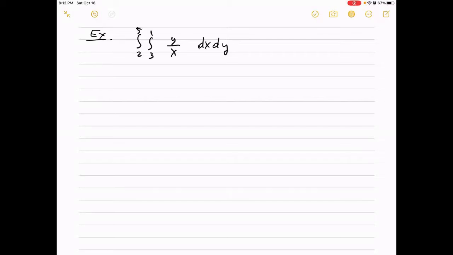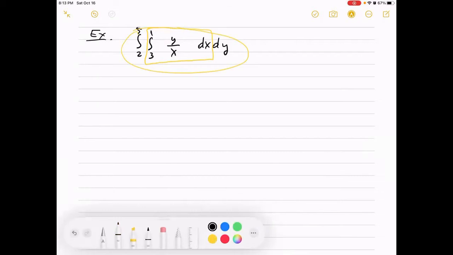The way we're going to look at this iterated integral is: inside we have the integral with respect to x, and on the outside we have the integral with respect to y. So the first thing we'll do is integrate with respect to x, and when we integrate with respect to x, we're going to treat y as a constant.